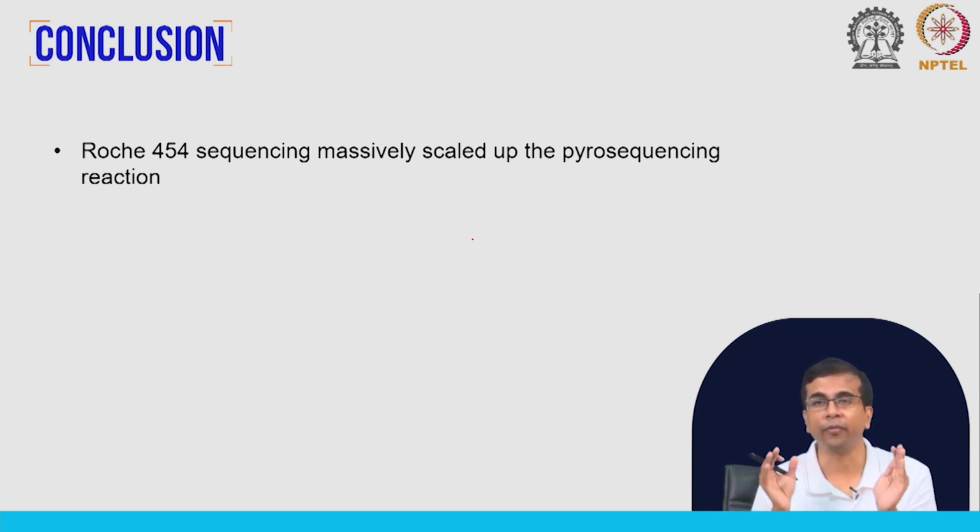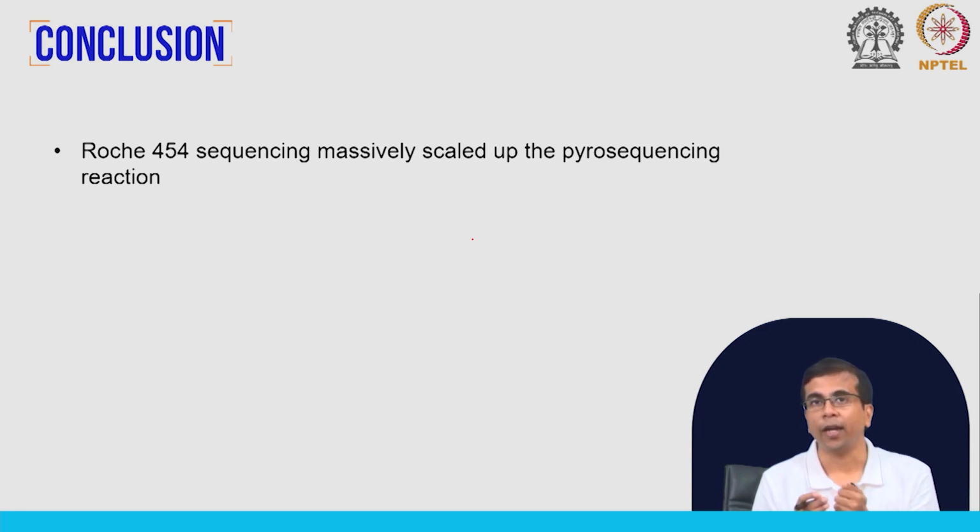If you can visualize in your mind, across the picotiter plate the detector is seeing these signals of light as the sequencing reaction is going on, across these 100,000 wells, and from that it is doing the base calls.